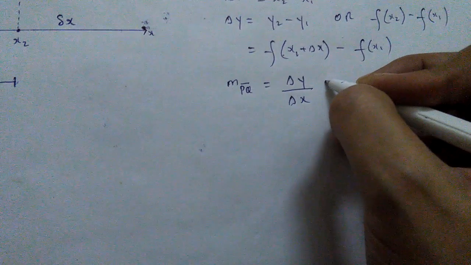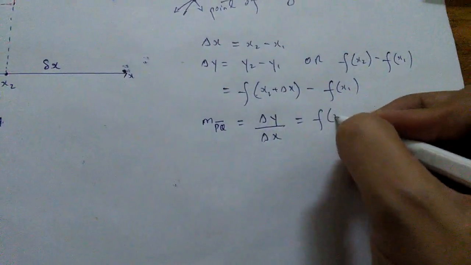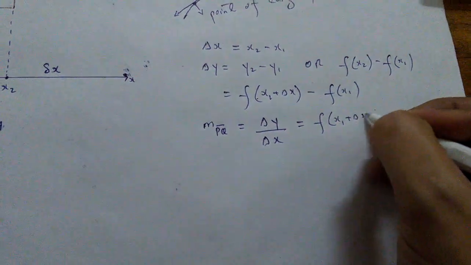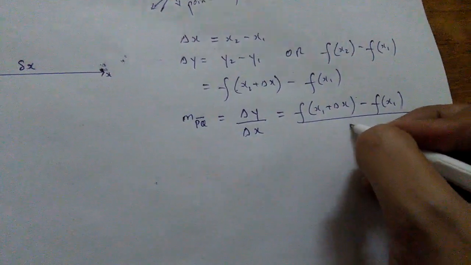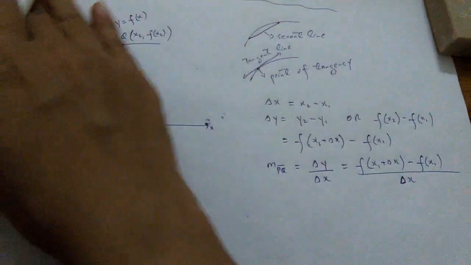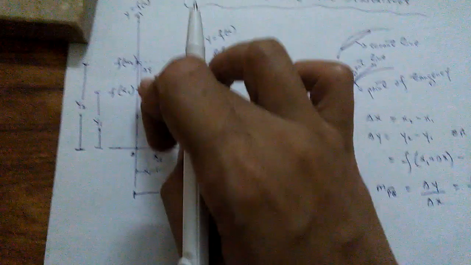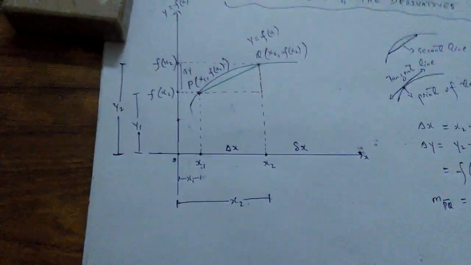So I can write my values here, del y upon your del x. All right, this is it. So this is the slope of the secant line of these 2 points P and Q. I hope it's clear up till now.